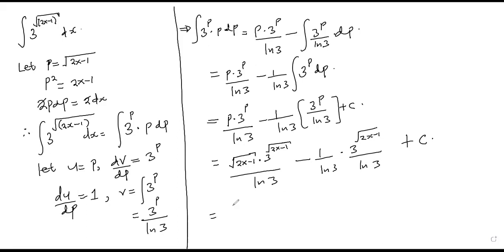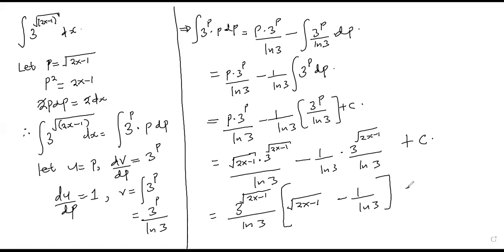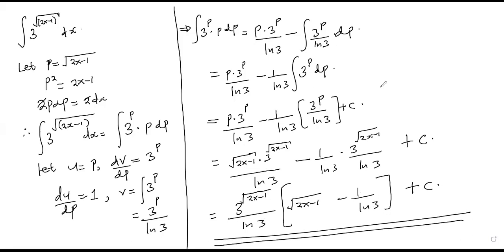We can factorize out 3 power root 2x over ln 3. So it is going to be 3 power root 2x minus 1 over ln 3 into what remains here, which will be the root of 2x minus 1, then of course minus 1 over ln 3 plus a constant of integration. So that is what we get as our result of integration.